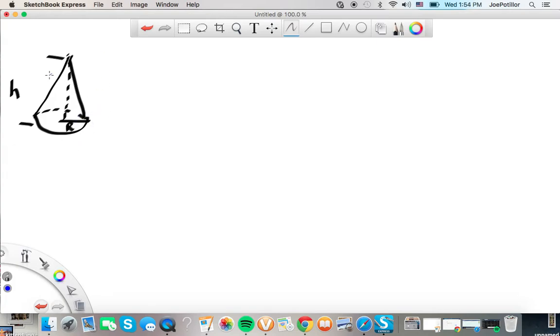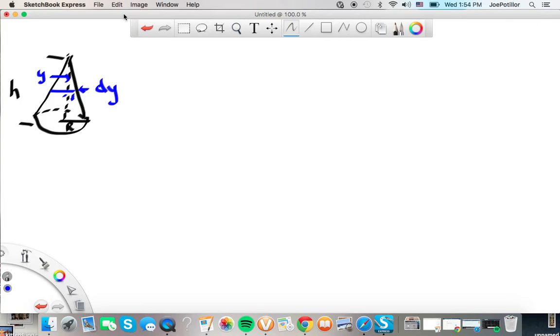It is supposed to be symmetrical, but of course the artist here is not a very good one. Now, this is R, this is y, of course. Now, we need to find the mass of the strip, of this kind of disk, like that. How we do it, of course, is by using the density of the entire cone.